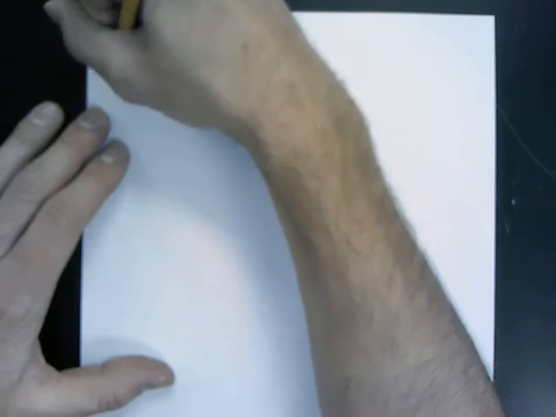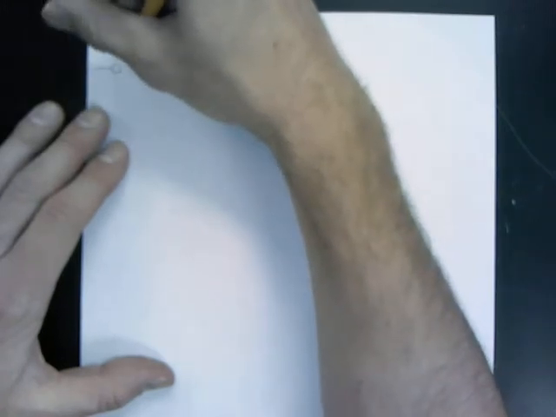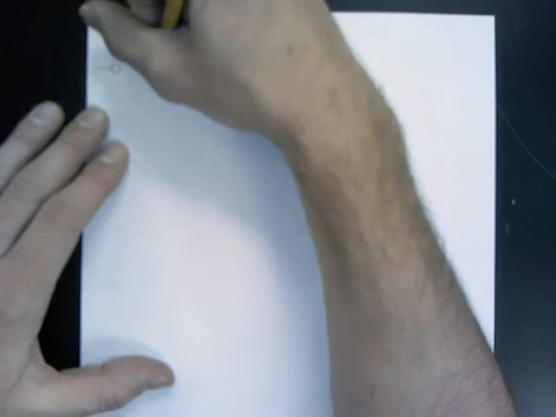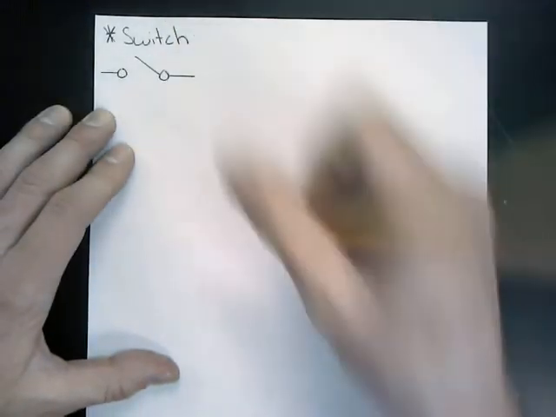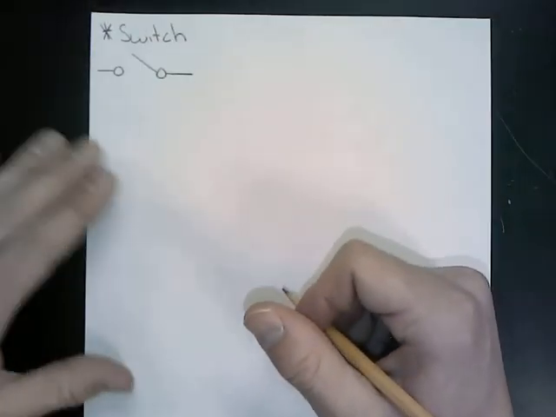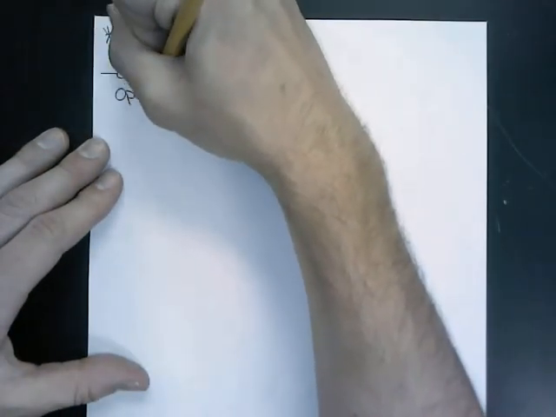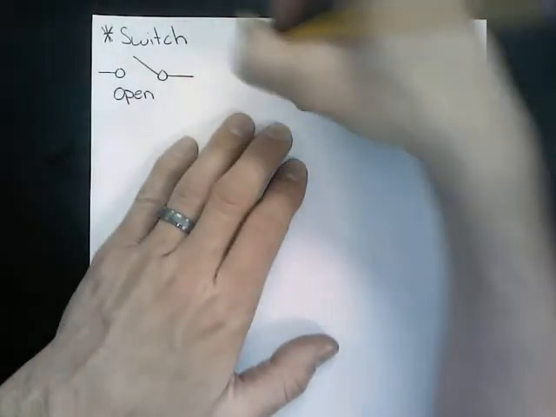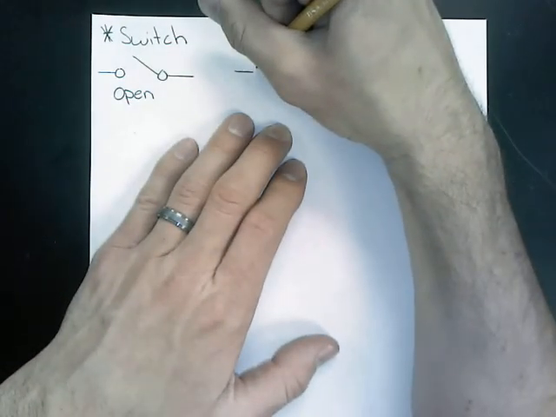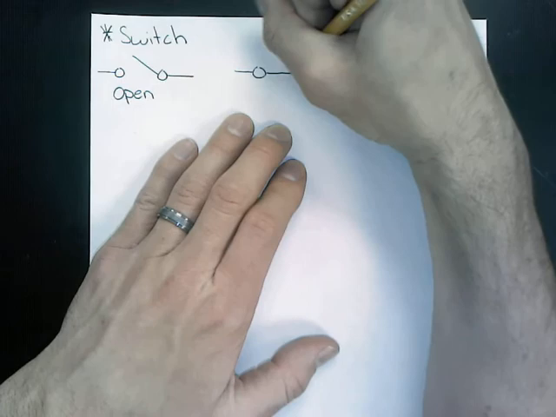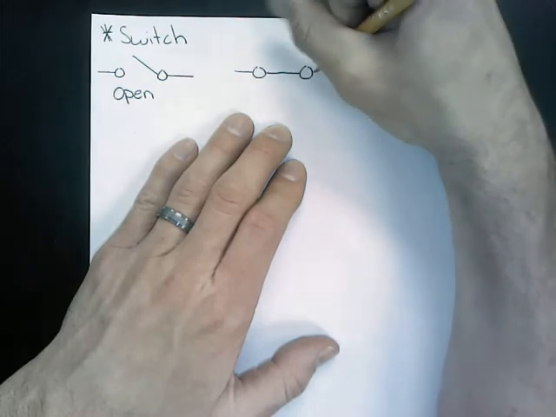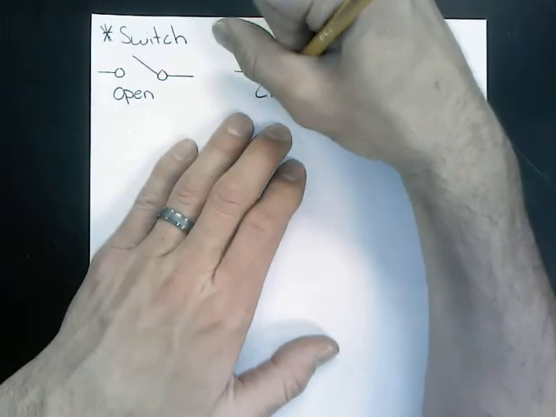The first way is as follows. And this way here that I've just drawn is an open switch. Now, a switch can also be drawn as being closed, and a closed switch looks like this.